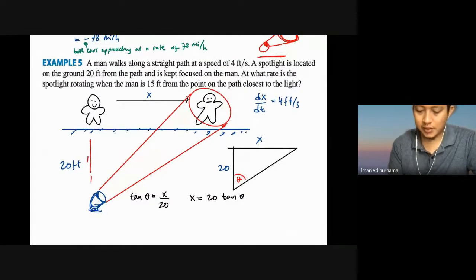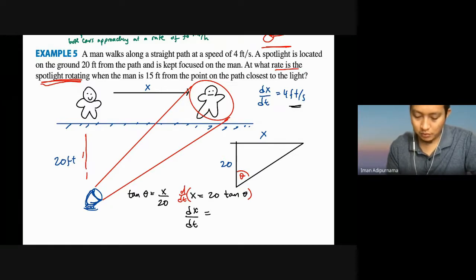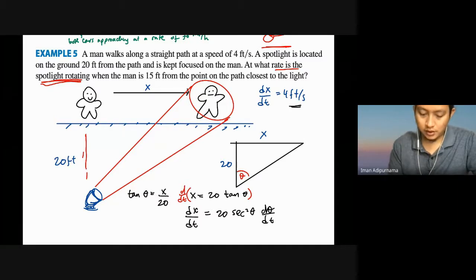Because the question is asking at what rate the spotlight is rotating, we are going to differentiate this with respect to t. We will get dx/dt, which we know from the question is 4 feet per second, equals 20 secant squared theta times d theta/dt. So d theta/dt is the one that we are looking for.